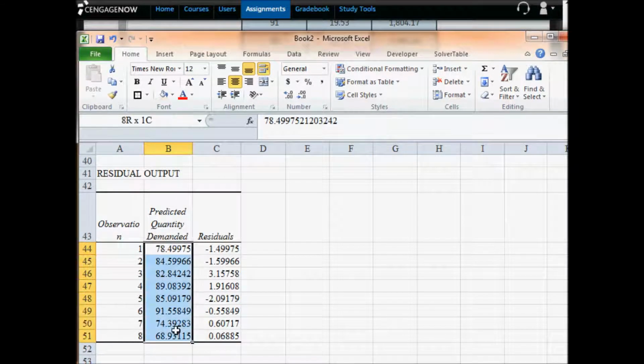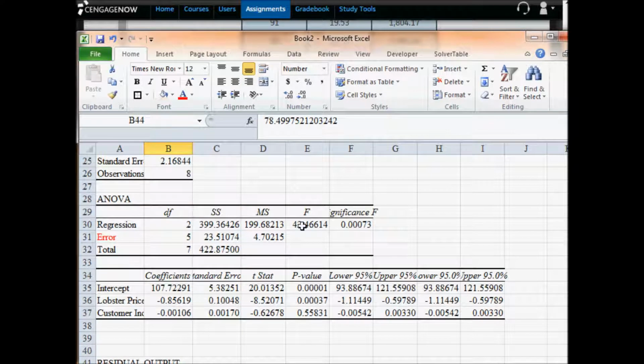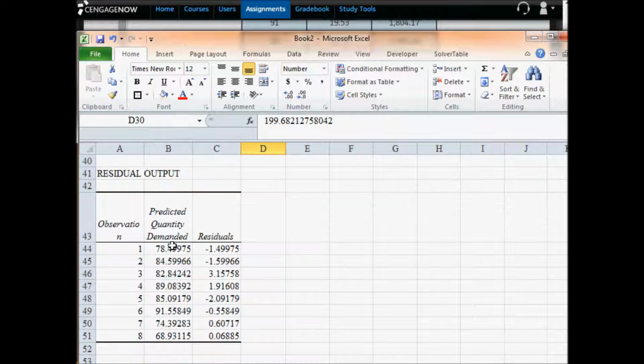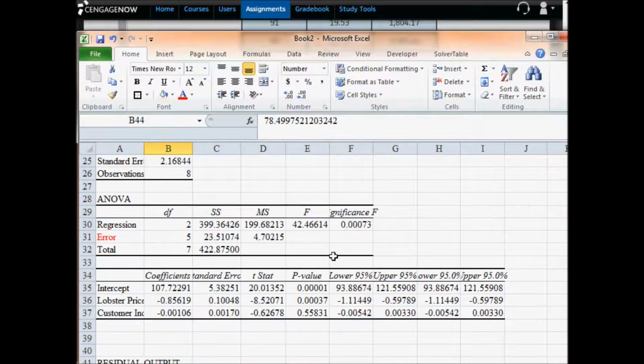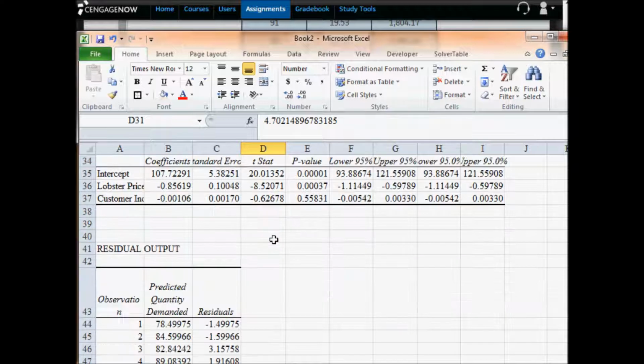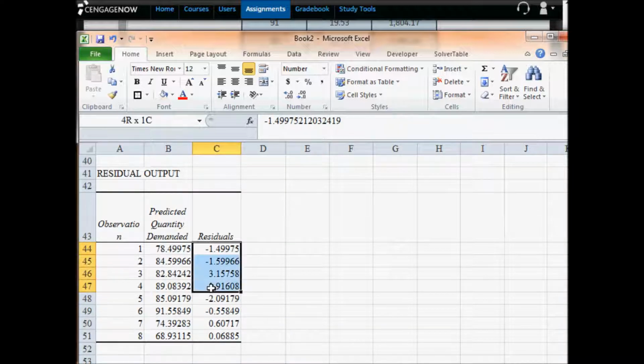You can think of this intuitively. This number here is the variance of this variable, which we call y-hat, or predicted quantity demanded. And you can think of this as the variance of the errors, or residuals.